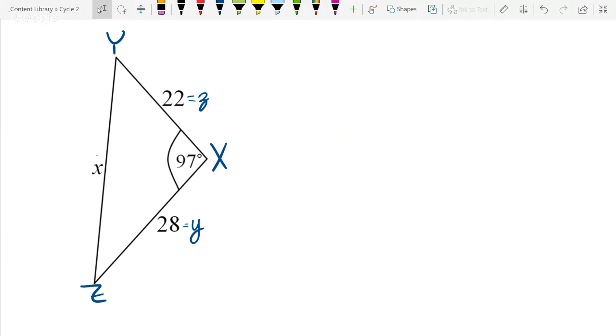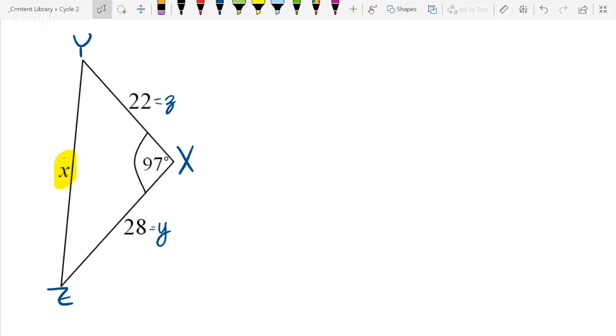All right, so what are we looking for here? We're looking for x. So how are we going to find that? What's the cosine law for this triangle if we're looking for x? Yes, sir. Listen, the worst thing that happens is you fail miserably, and then we fix it. Little x, right?